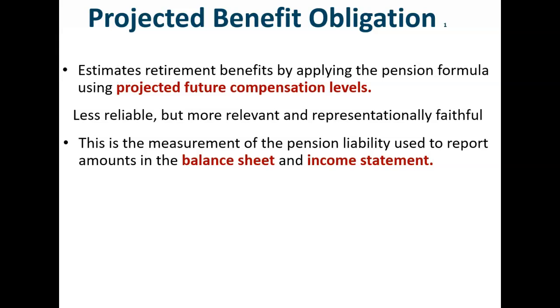The PBO estimates retirement benefits by applying the pension formula using projected future compensation levels. Hereafter, in this chapter, when we mention pension obligation, we are referring to the PBO. The PBO measurement may be less reliable than the ABO, but it is more relevant and more faithful to the concept behind these calculations.